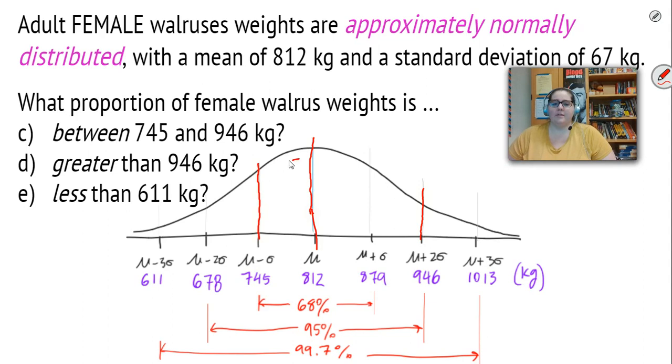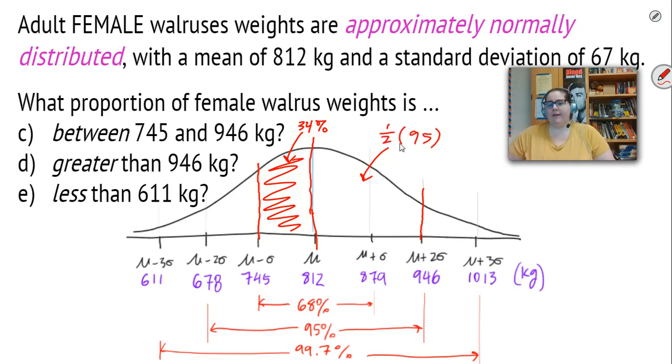So this little section is going to be half of 68, which is 34. And then this section right there is 2 standard deviations from the mean. If I remember, my 95% is from 2 below to 2 above, and this is half of that. So I could say that's half of 95. Figure out what half of 95 is, add it to 34, and that is your answer.